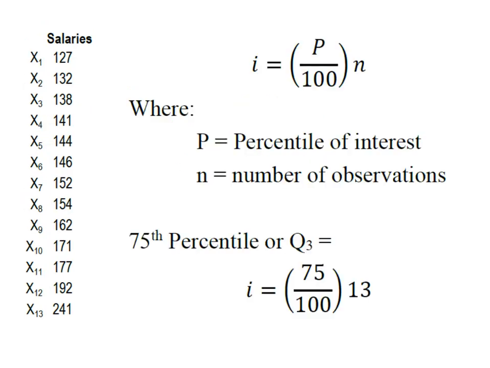All right, one more. So we want to look this time for the 75th percentile. Remember, 75 pennies is the same thing as 3/4. So this is Q3. So I'm going to take my 75th percentile, 75 divided by 100, multiply that by 13 to give me the index value to tell me where to go over here in my data set.